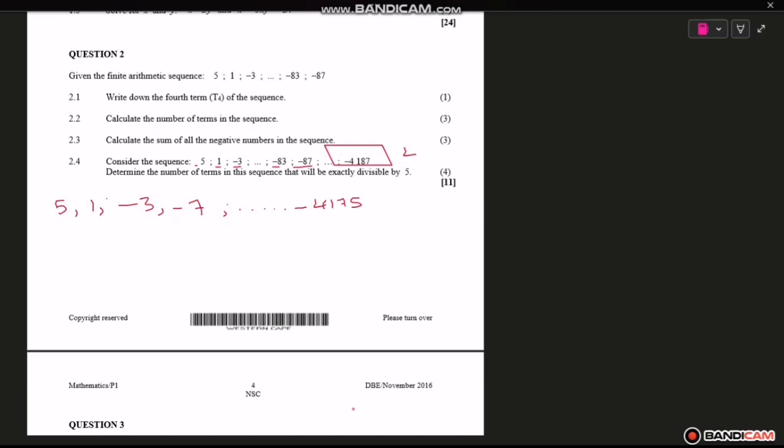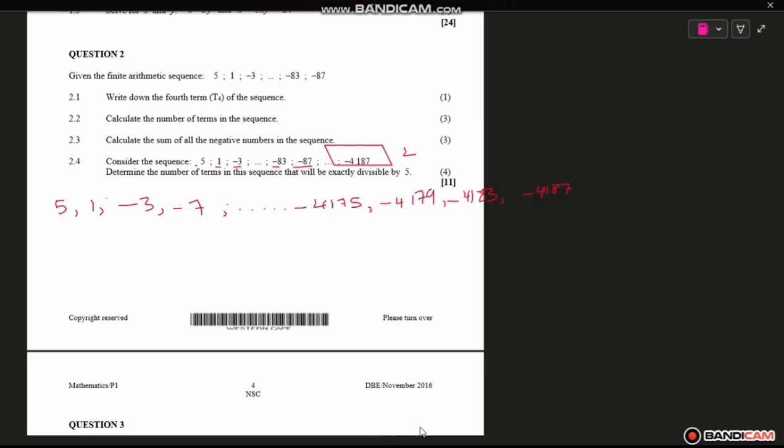So you're going to do everything until you reach negative 4175, then negative 4179, negative 4183, and negative 4187. That is the last term.